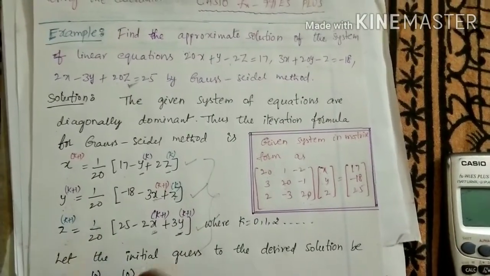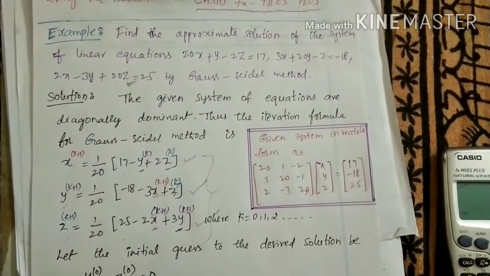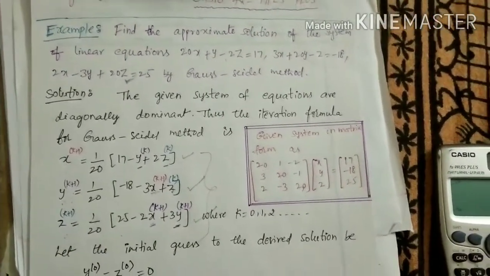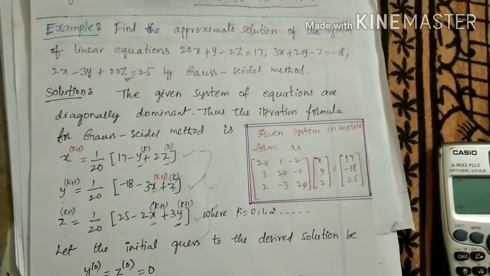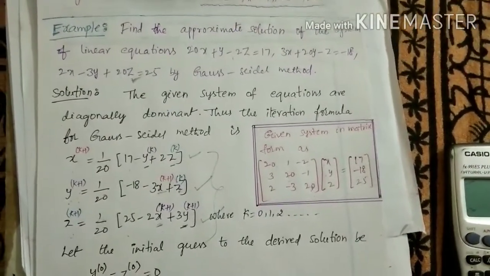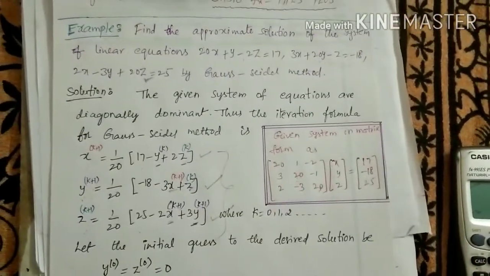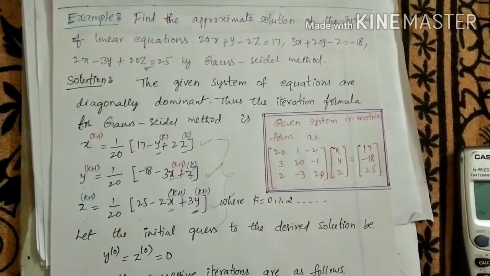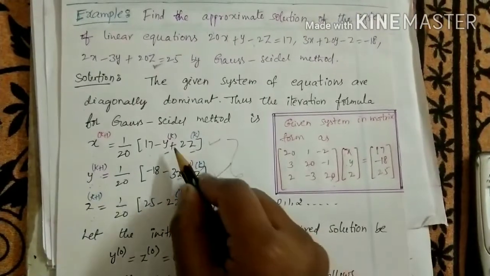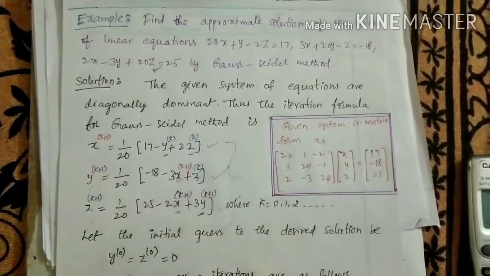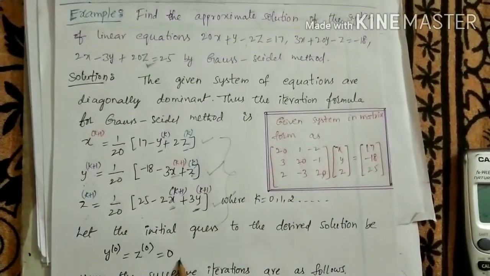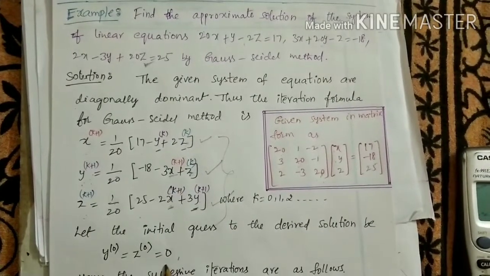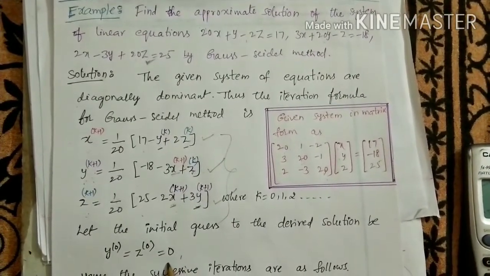In a similar way, the same process can be repeated till we get two successive iterations the same up to the desired accuracy. In this problem, the initial guess is not given, hence we can take the initial guess for both y and z as 0. If this is given in the problem, we need to use those values.